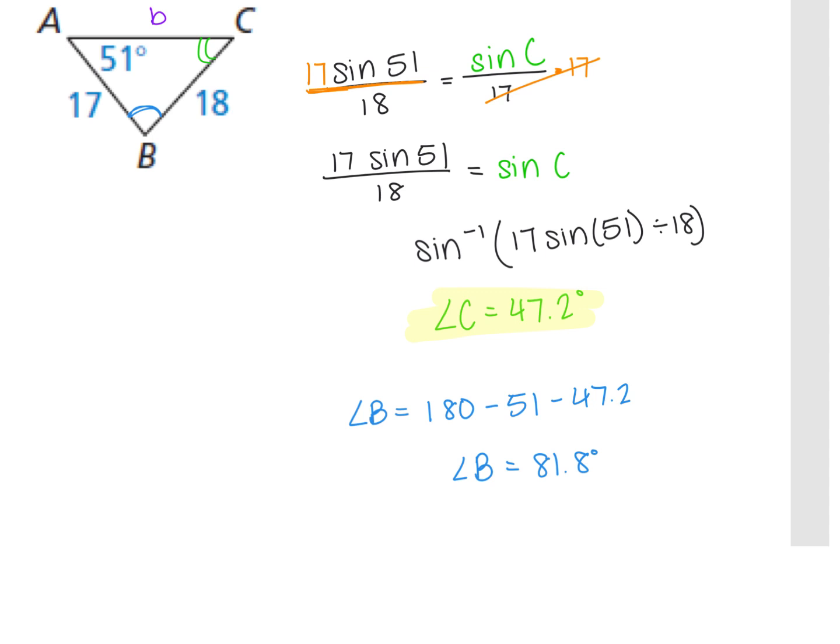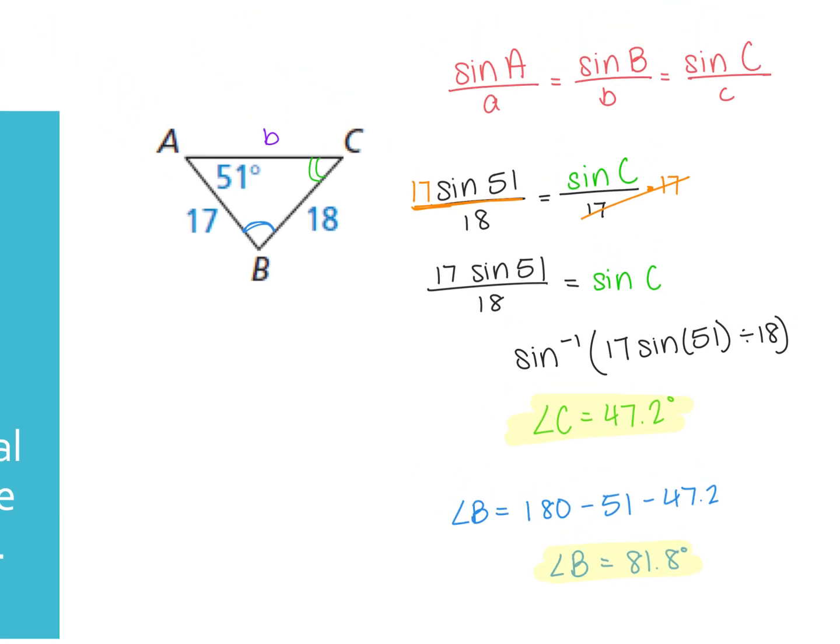Now I have 2 out of my 3 answers. So I'm still going to use law of sines, and all I have to do is find my B. Okay, I'm trying to find my side B. So looking at side B, I'm going to do what I did before. I'm going to take that sine 51, but now I'm putting it as my denominator. Okay, so this is what I mean by I flip them every now and then because I want my variable on top.